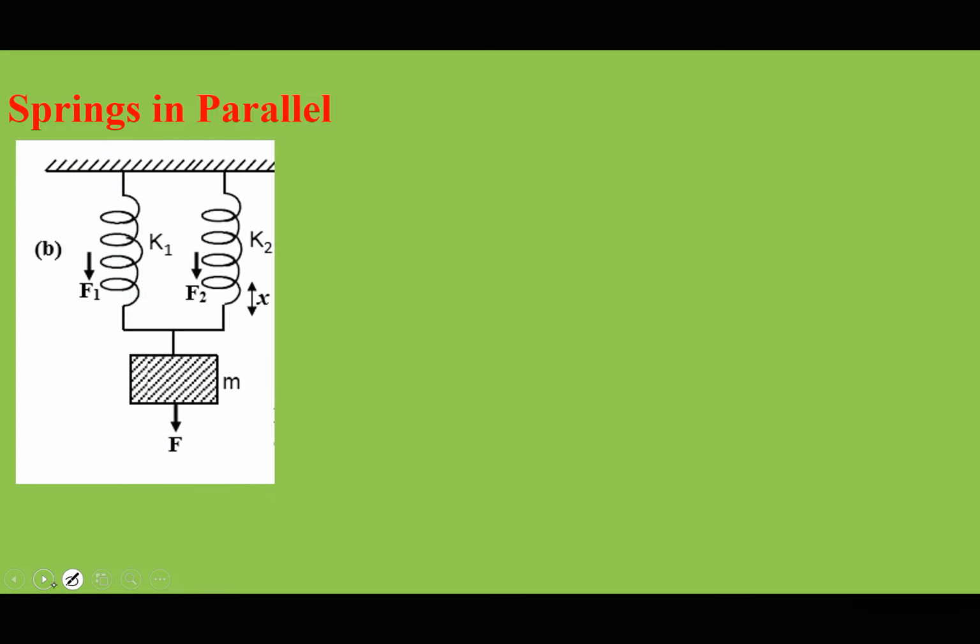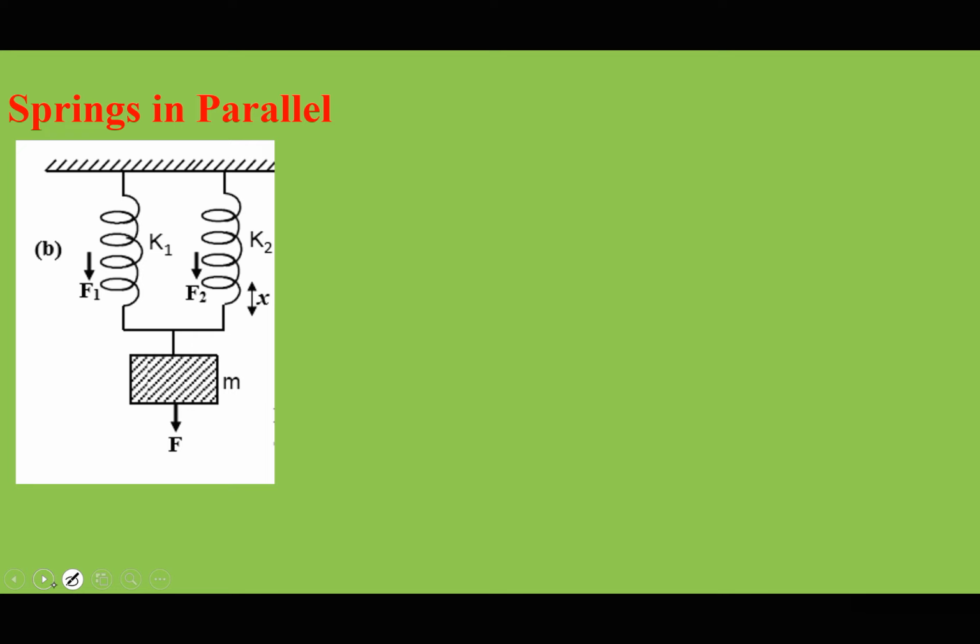So let's consider 2 springs in parallel joined side by side. Of course, if they are joined in parallel, then they are going to have the same vertical extension.